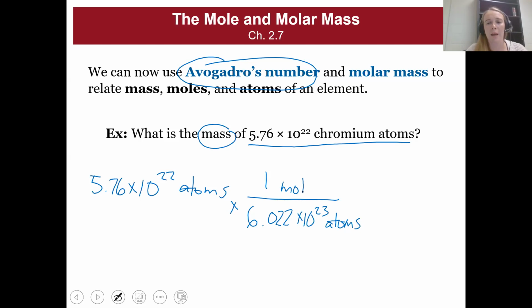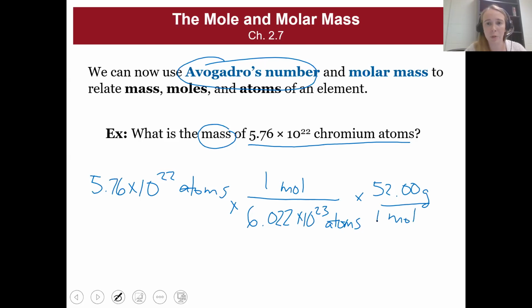Okay, and now you have to look up the atomic mass of chromium on the periodic table. And that mass is 52.00 grams per mole.